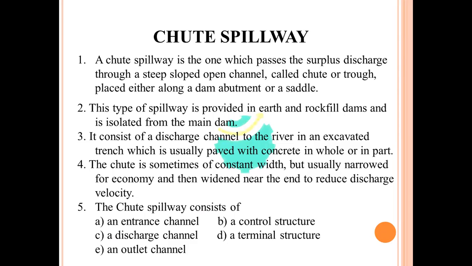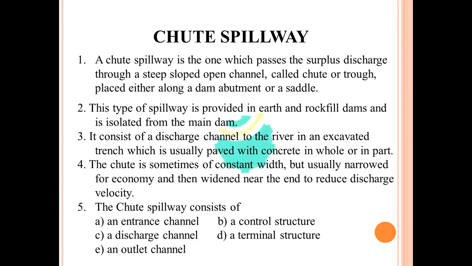A chute spillway is also provided to discharge surplus water, but the channel is not a straight slope. A chute is like steps, like in fountains where the water comes down on the steps.